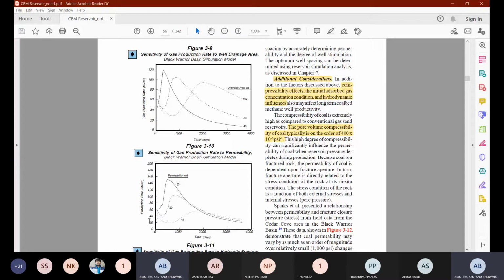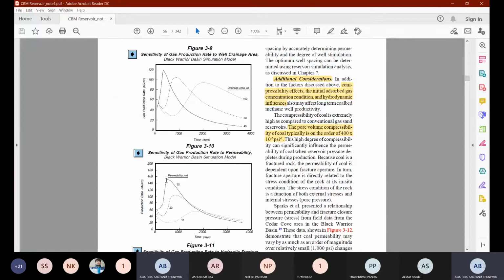And in the third case, when your permeability is 30 millidarcy, very high, you can see that it is going to increase from the very first stage, and it is going to reach the peak. Peak gas production rate is approximately near 150, which is generally 3 times higher. If I take the lowest gas production rate as 50, this is approximately 3 times higher.